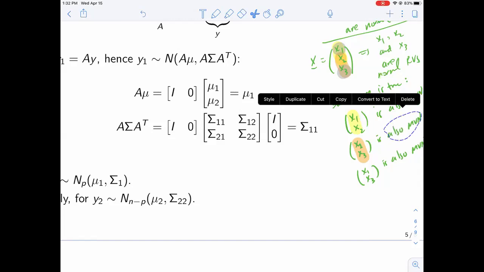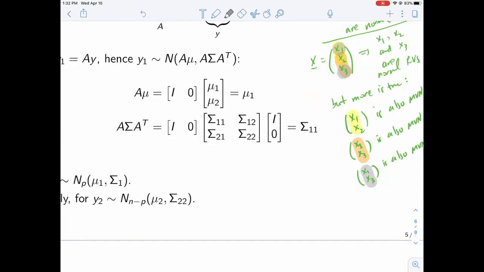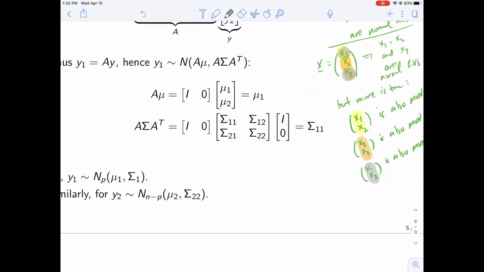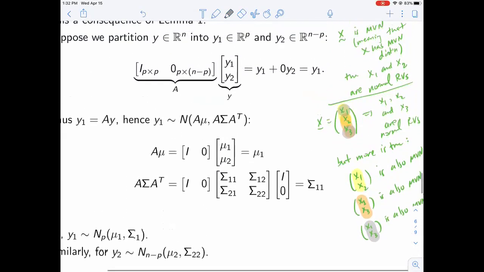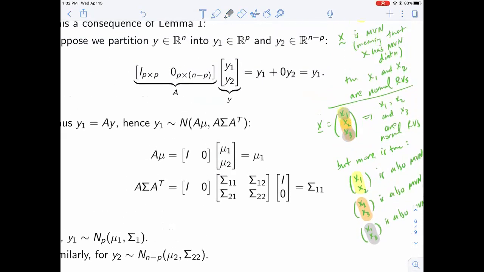All these things are MVNs, or multivariate normal random vectors. So this is the meaning of marginals being multivariate normal. If you take pieces of a random vector that has a multivariate normal distribution, and those pieces form a vector, they have a multivariate normal distribution. The pieces need not be consecutive, so they don't have to follow each other.